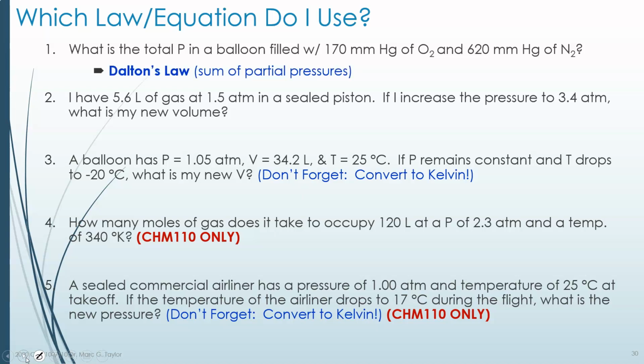You merely add the 2 individual pressures if those are the only 2 gases in the container. In this case, the container's a balloon. You add them together and you'll get your total. So you would add 170 millimeters of mercury plus 620 millimeters of mercury, and you would get 790 millimeters of mercury of pressure for the total mix of oxygen and nitrogen.